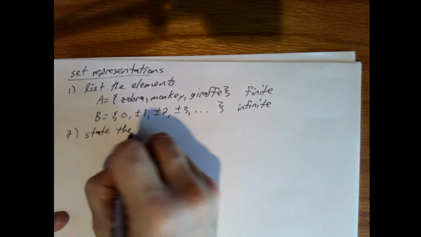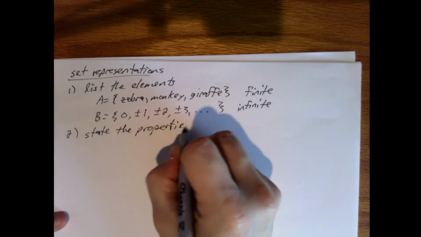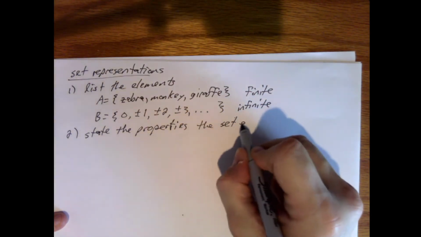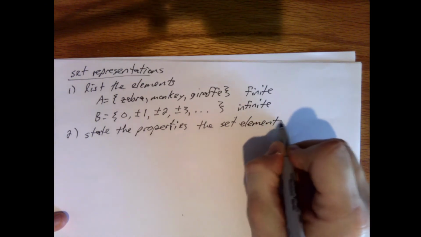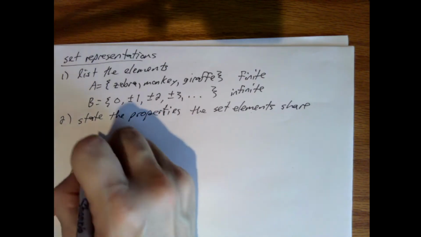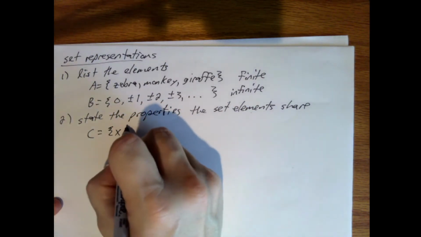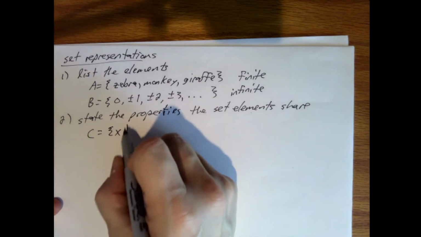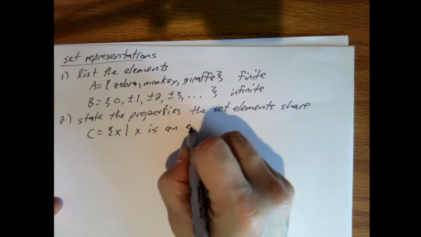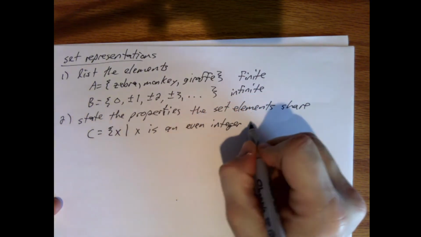Another way is to state the properties these set elements share. So it'll be something like this. C is equal to, and if x is an element of the set, then, and this is a vertical bar, x is an even integer less than or equal to 10.